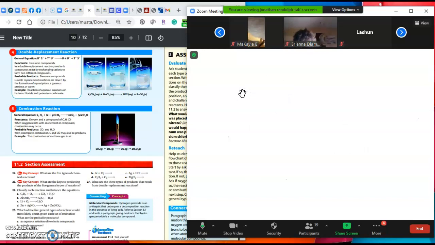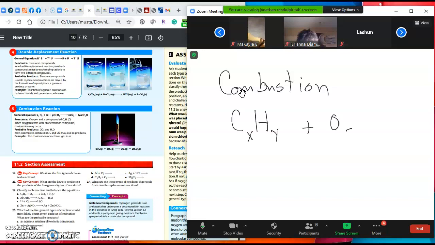The other one that I'm going to deal with today is combustion. And when you're talking about combustion, really what you're taking a look at is going to be some type of hydrocarbon, like a CH, C is X, H is Y, plus O2.